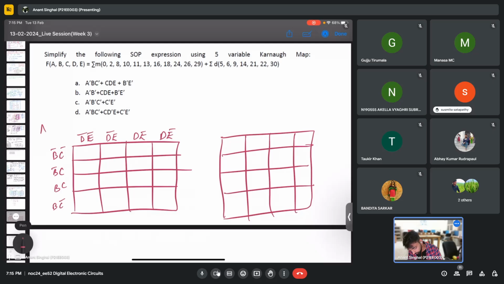This will be for A. So I'll do the numbering again quickly. No one has got any answer.